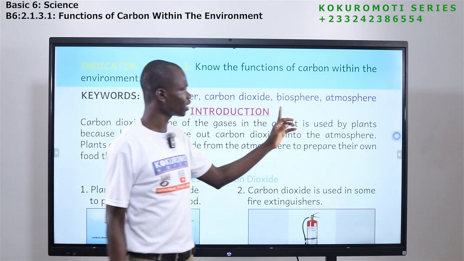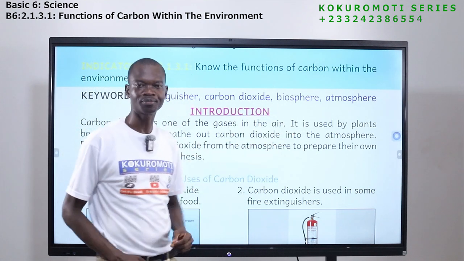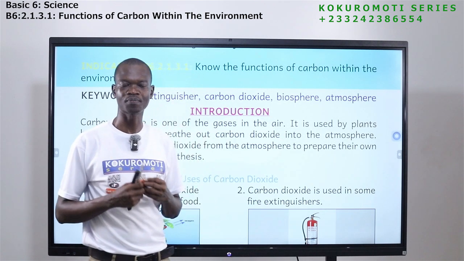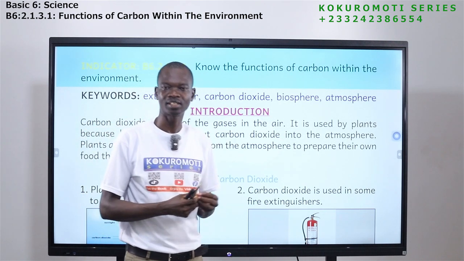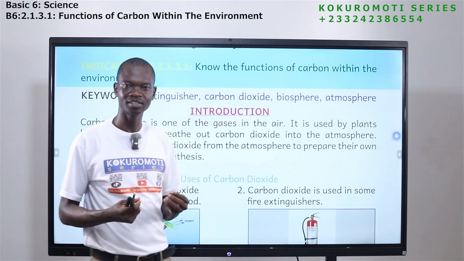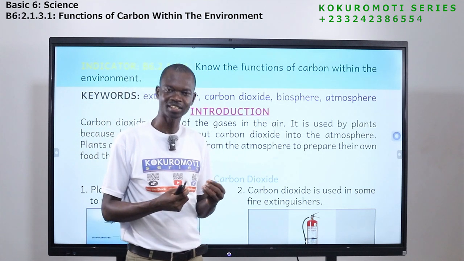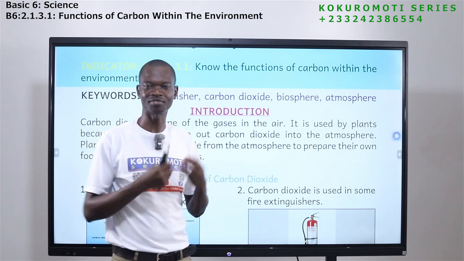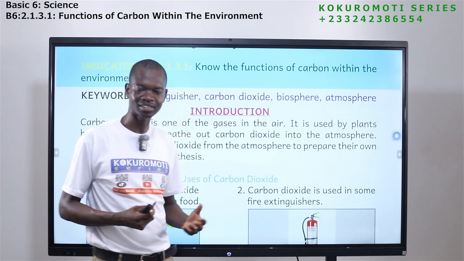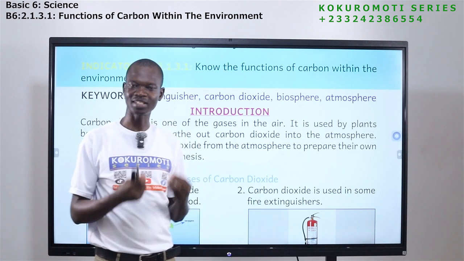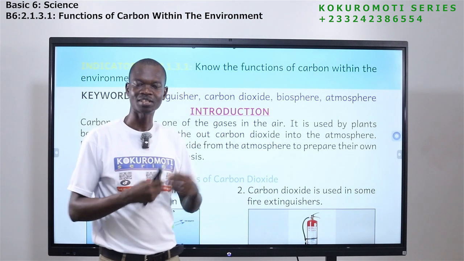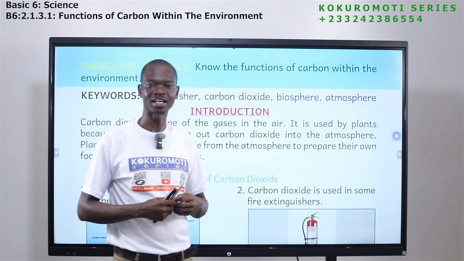Okay, so biosphere. With the biosphere, we are talking about parts of the planet where we can see lives exist. We can talk of the sea, where we have lives, the fish and other animals. We can talk of the land, where human beings live, and some animals also live on the land.